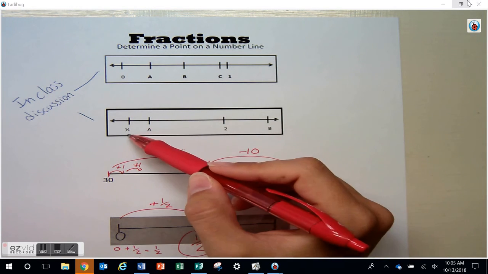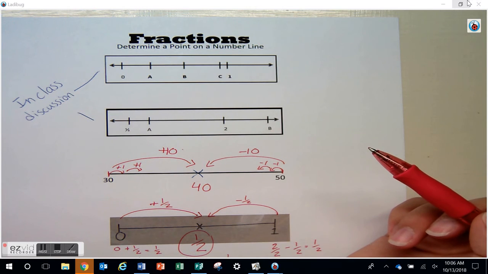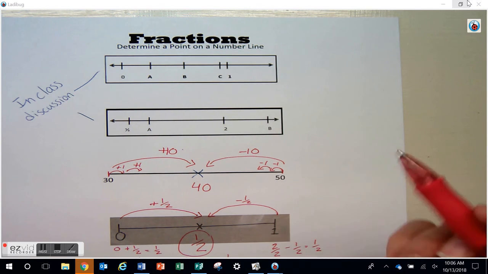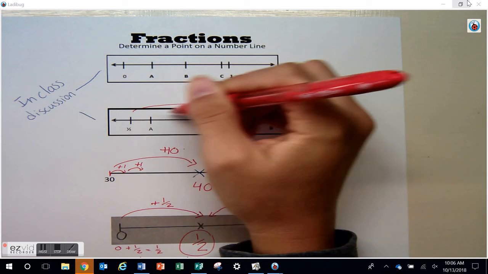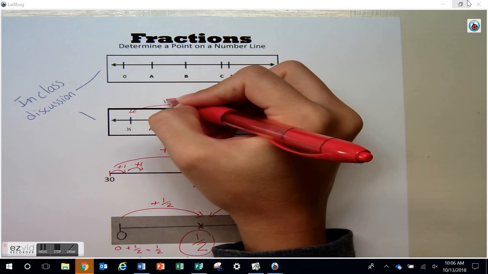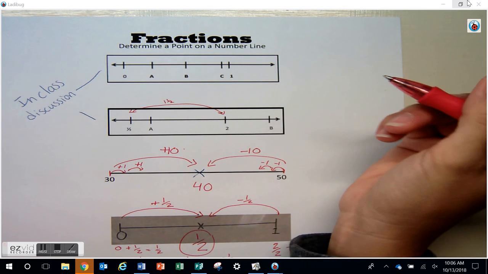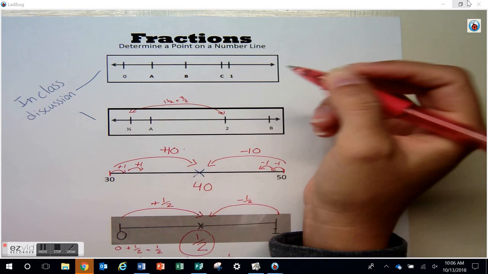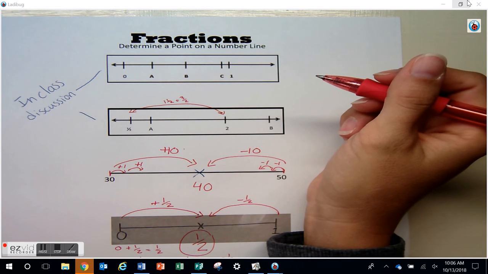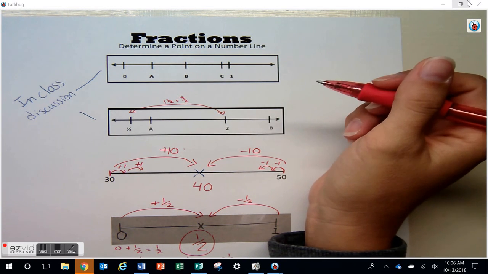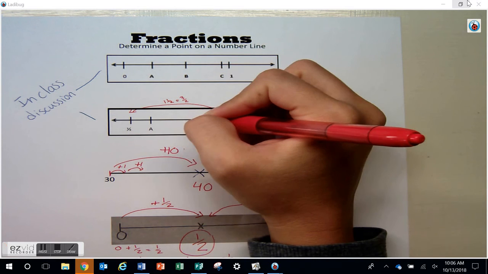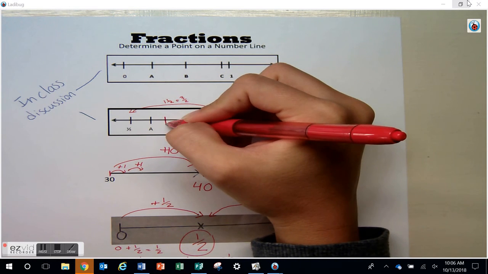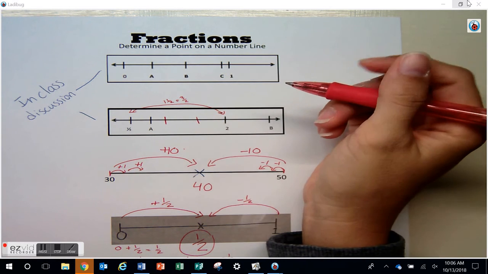So that means from here to here, we have 1.5 distance, also known as 3/2. I broke that into 3 pieces. Say 1, 2, 3.